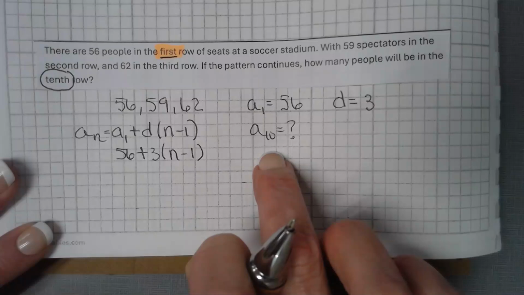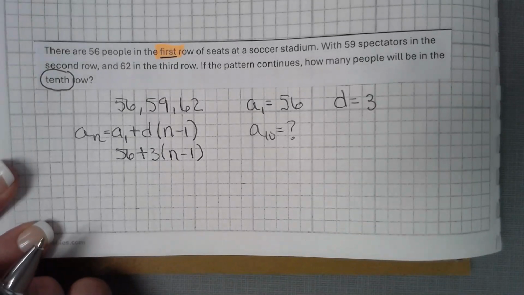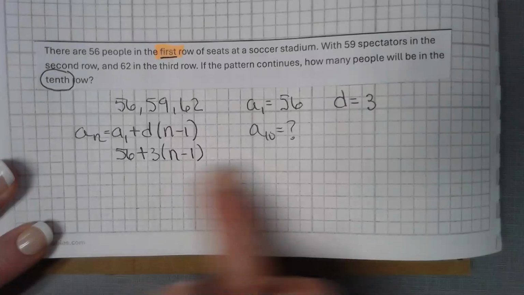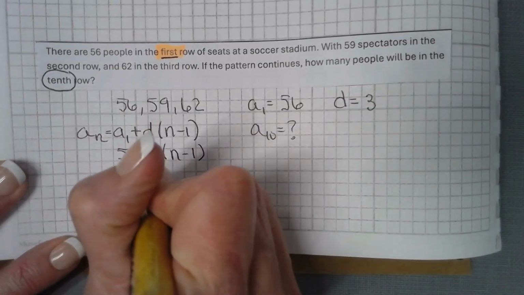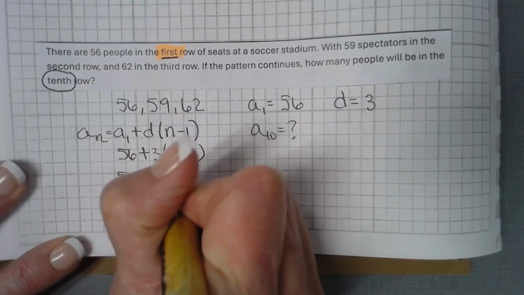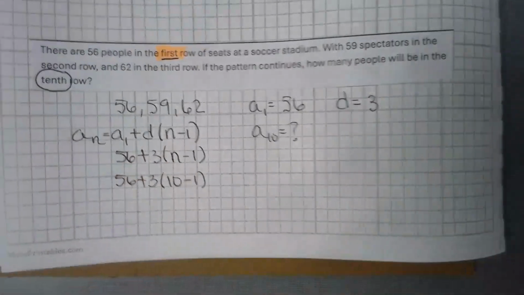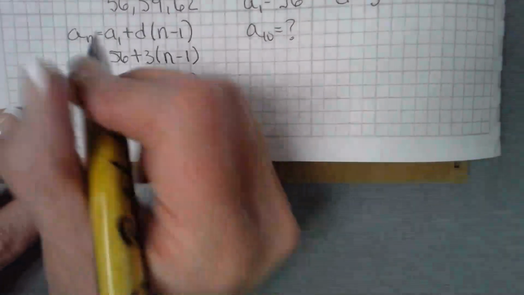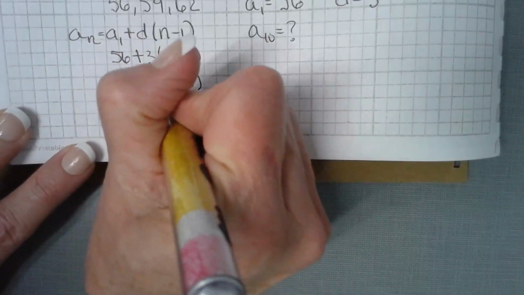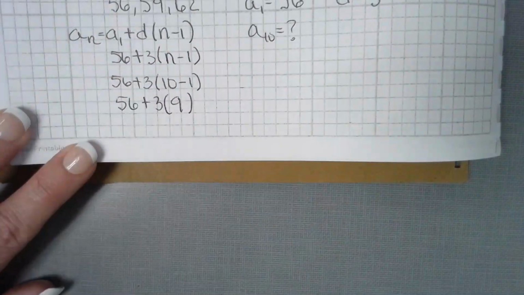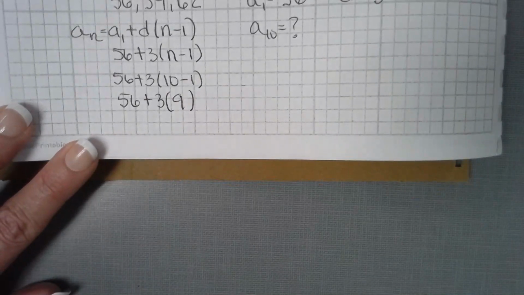If I want the value of the 10th term, what do I do? Replace it in with the 10. Yeah, we plug in 10 for n. So it would be 56 plus 3, parentheses, 10 minus 1. I'm going to continue this as if I do not have a calculator. 56 plus 3 times 9, because 10 minus 1 is 9.